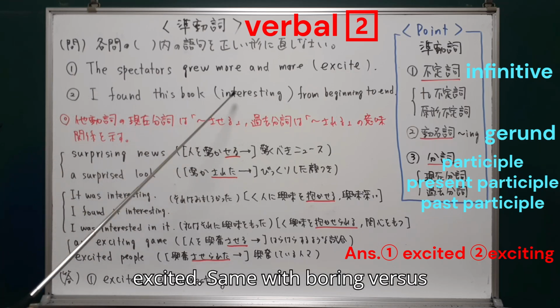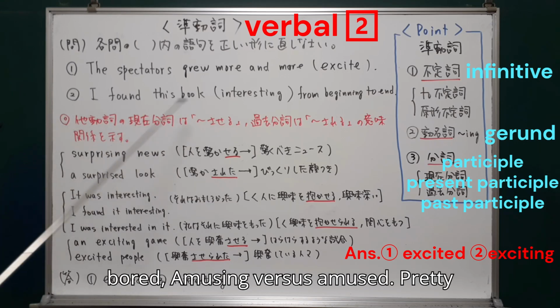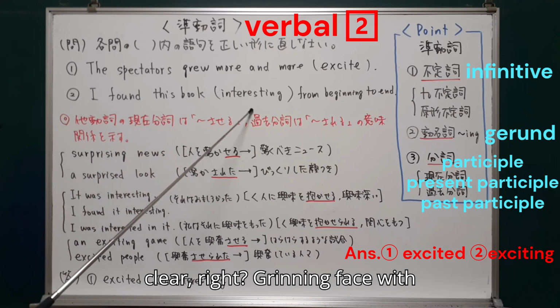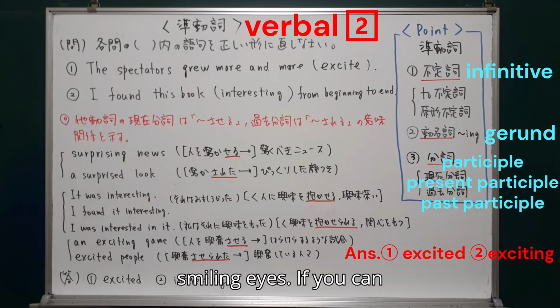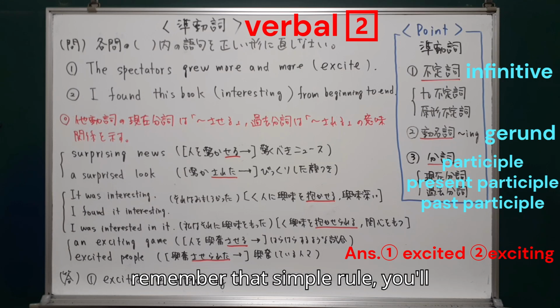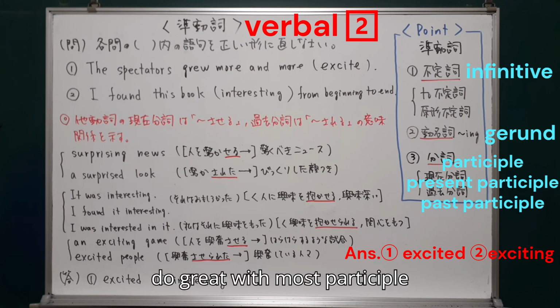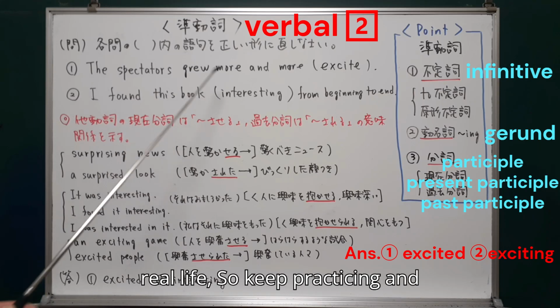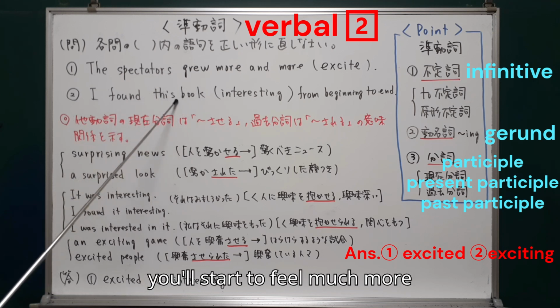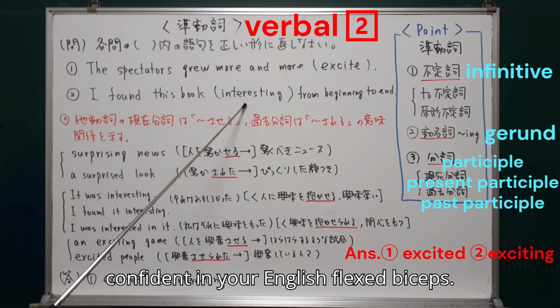Same with boring versus bored. Amusing versus amused. Pretty clear, right? If you can remember that simple rule, you'll do great with most participle questions, in exams and in real life. So keep practicing, and you'll start to feel much more confident in your English.